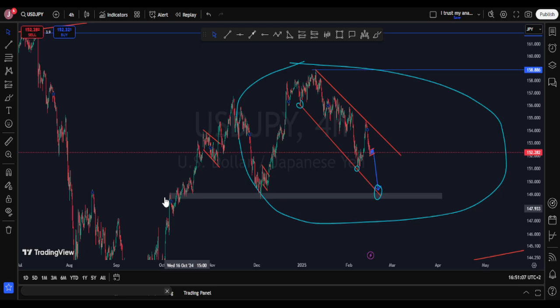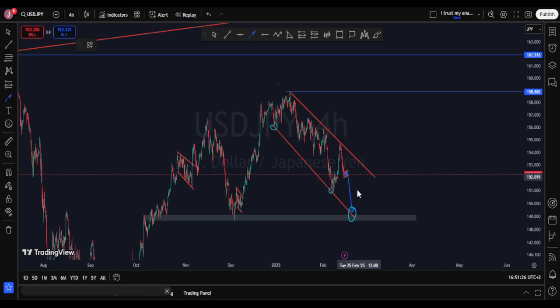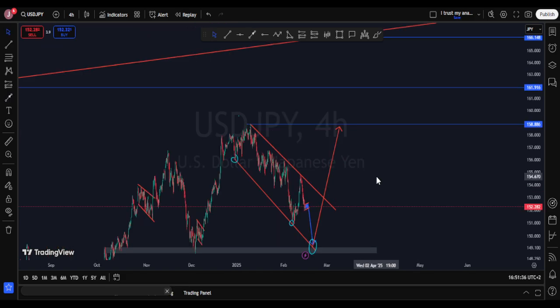Once price touched this zone, it bounced off and pushed up aggressively. So we are still anticipating the push up again. You can anticipate the sells, and once price gets to these lows, just look for the buys. The targets and take profits are still the same as mentioned.